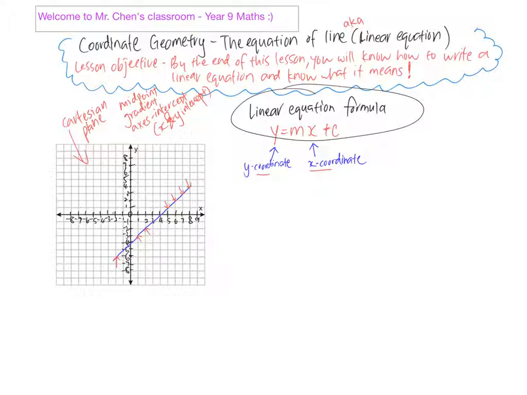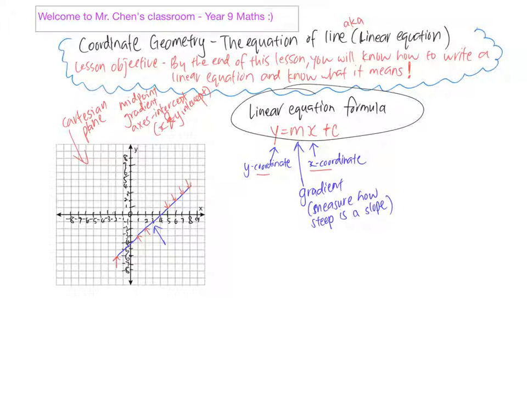And m is your gradient, and gradient is used to measure how steep a slope is. Here we have a linear equation, and the slope there is what the gradient is, how slopey it is.